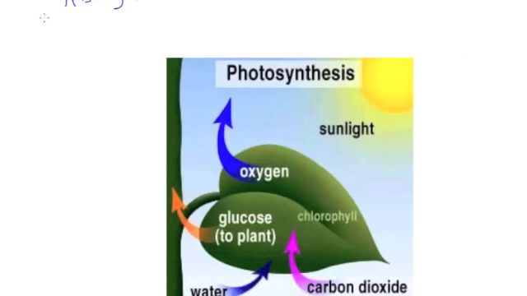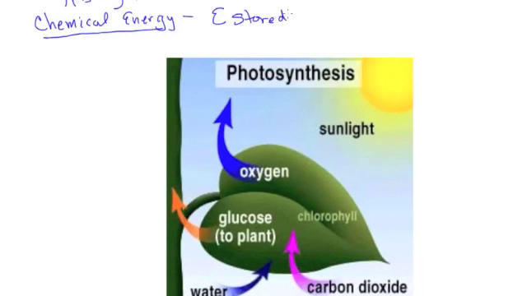Now, more specifically, we're going to be talking about chemical energy. Chemical energy is a form of potential energy or stored energy. This is energy stored in the bonds of molecules.